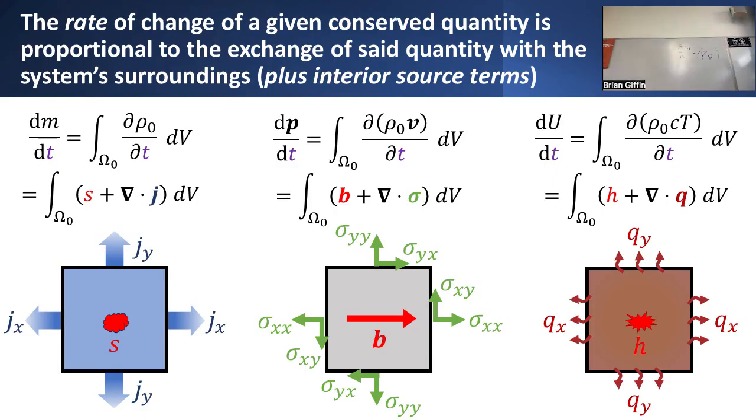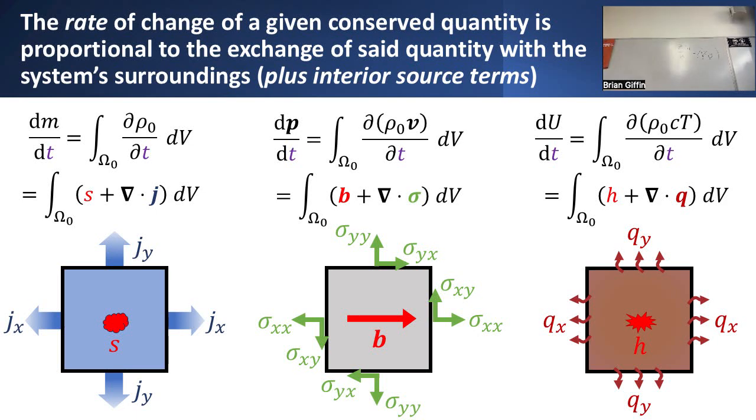All right. So as long as we do that, now we have all these different expressions governing the time rate of change of mass, momentum, and energy expressed in terms of these volume integrals. Here's a volume integral involving the time rate of change of the reference density. And here's a volume integral involving any source terms generating mass and any flux terms that might be transferring mass between the exterior surroundings and the interior volume of this system.